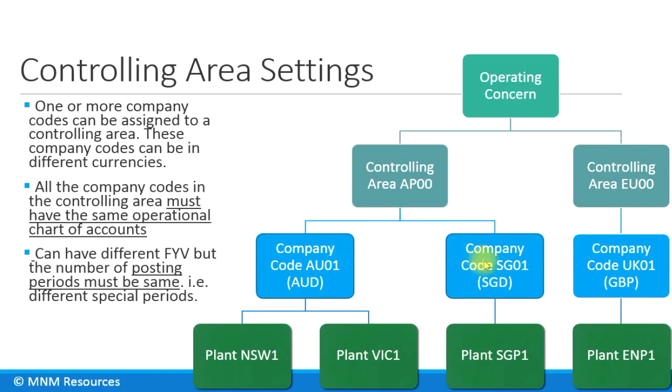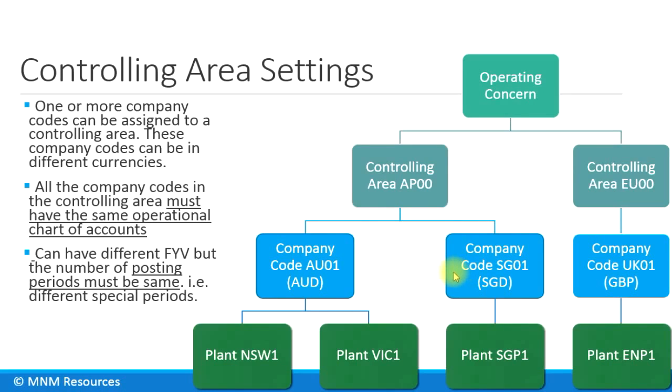Both of these company codes, if they belong to this controlling area, must have the same operating chart of accounts. They cannot have different charts of accounts. Because of that, and because both company codes are linked to the same controlling area, they can perform cross company code transactions, or what you call intercompany code transactions.